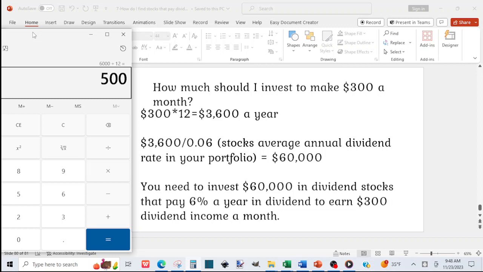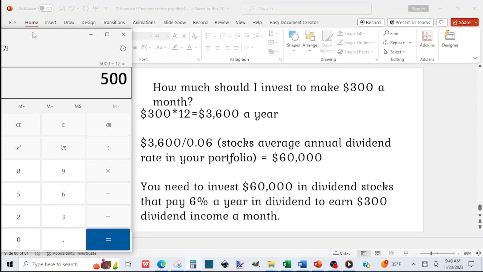So if you save 500 a month, every month, and you invest it in dividend stocks that pay you 6%, by year 10, you will have invested about $60,000 and will be making $300 a month at least, if not more, because those dividends you are making will be reinvested.